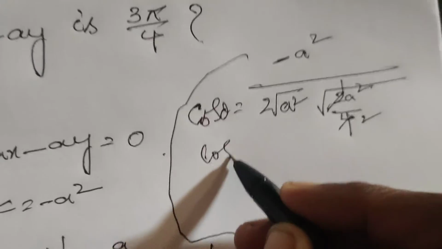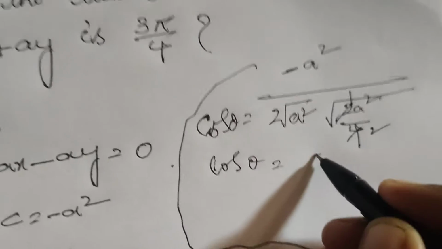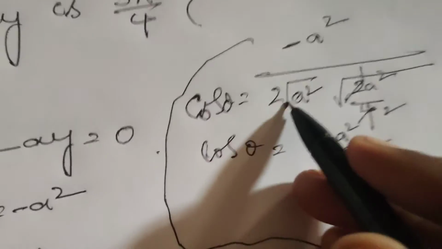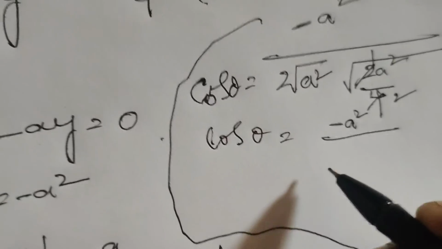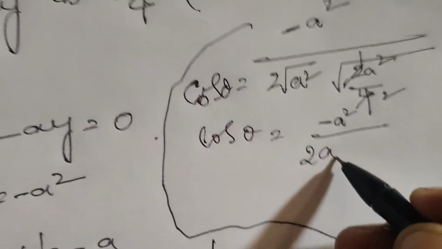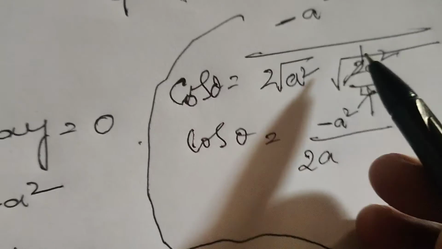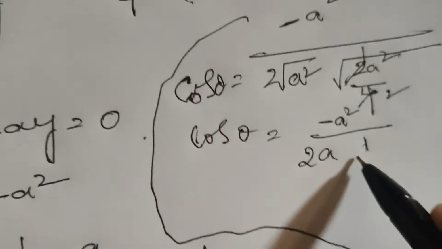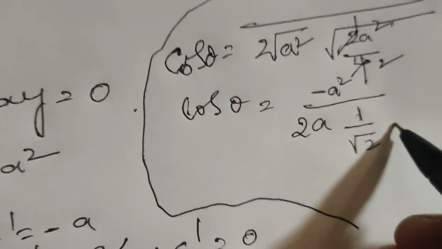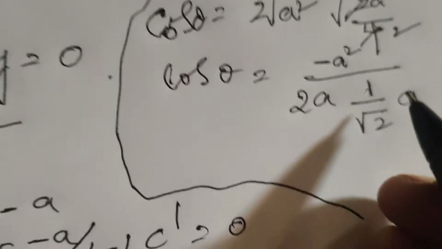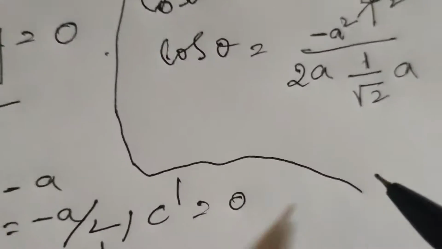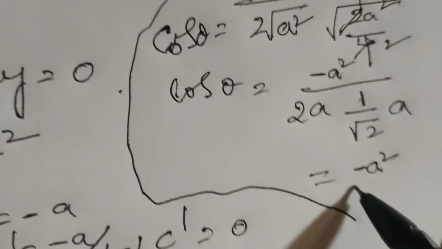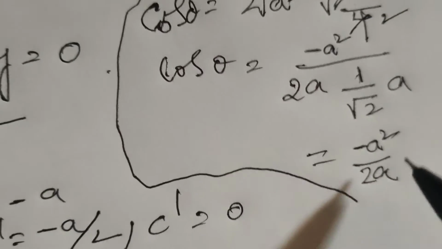Therefore cos θ = −a² / (2a · √(1/2 a²)), which is 1/(√2 a). So we write −a² / 2a.